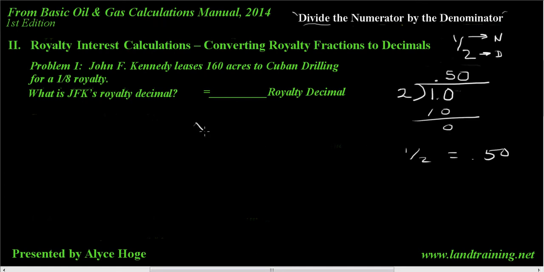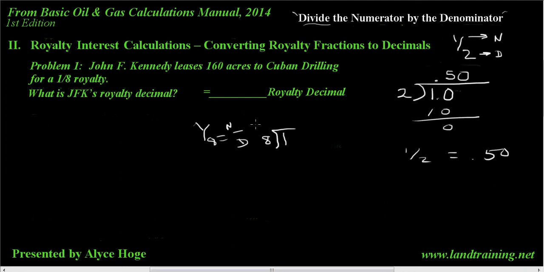So we got the 1 divided by the 8. We know the 1 is the numerator, and 8 is the denominator. So we're going to divide this numerator, which is 1, by the denominator, which is the 8.